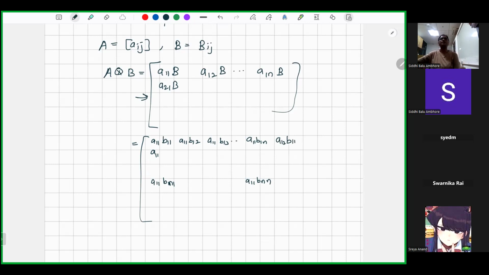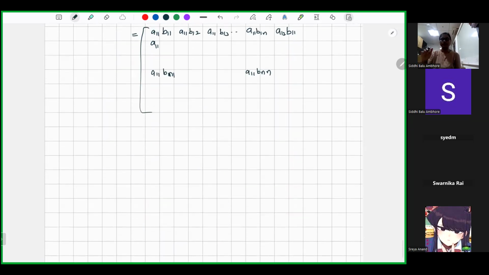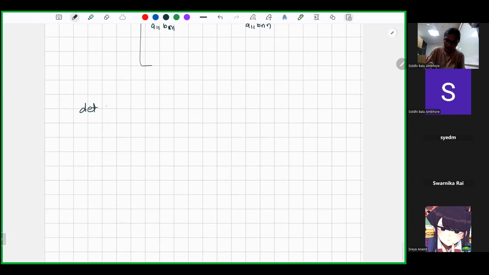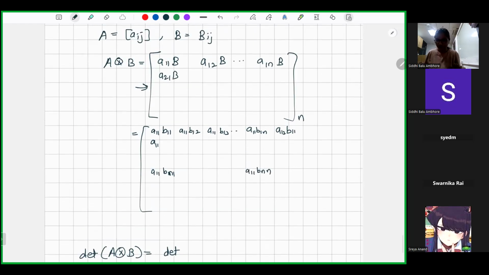So this now becomes an n square cross n square matrix. Here we have m or n, it does not matter. It becomes an m square cross m square matrix. And the determinant of this matrix is actually the determinant of... and this can be done for... wait, can this be? No.